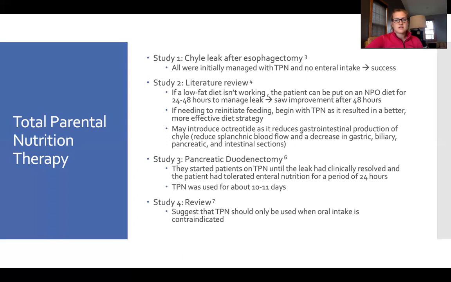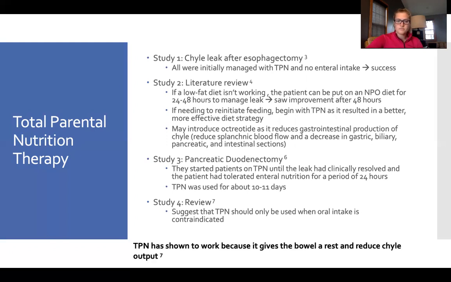But with these types of patients, maybe TPN would be the best recommended situation for them, because it would essentially bypass the GI and decrease the activity overall. So TPN has been shown to work because it gives the bowel a rest and reduces the chyle output.